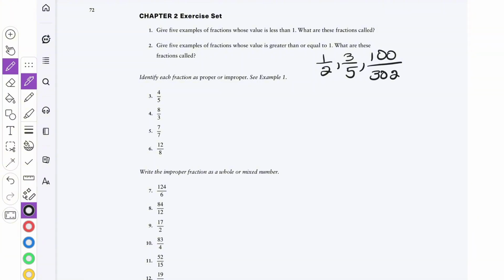Okay. And then let's pick 2 more. Let's say 7 over 8. And then 41 over 55. Okay. And these are called proper fractions.